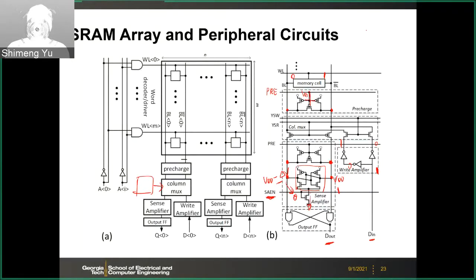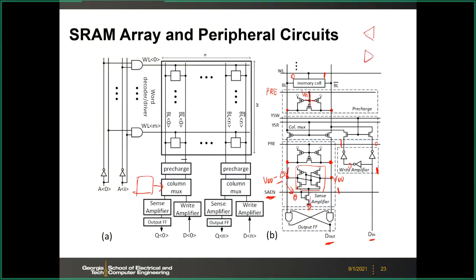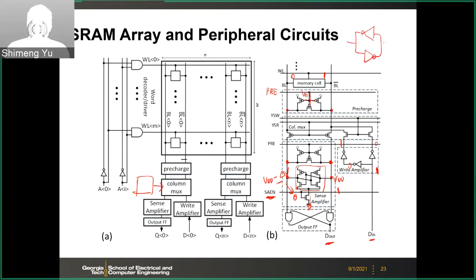So you have a latch, something like this. So basically, this is enabled by connecting this one to ground. Before that, this is floating, so you can have both nodes at VDD. That is fine. But once you enable it, then this voltage difference will be amplified.